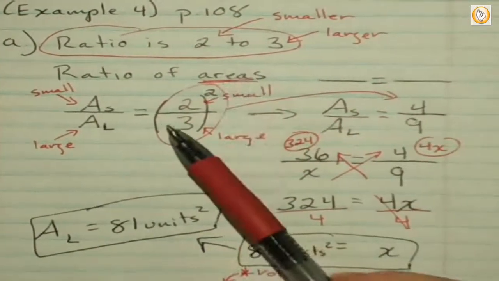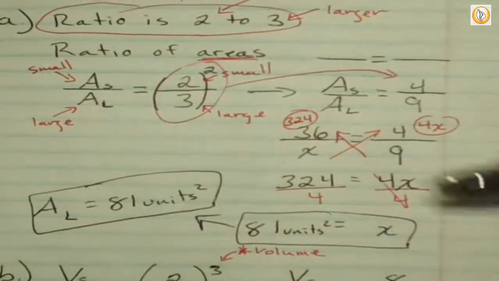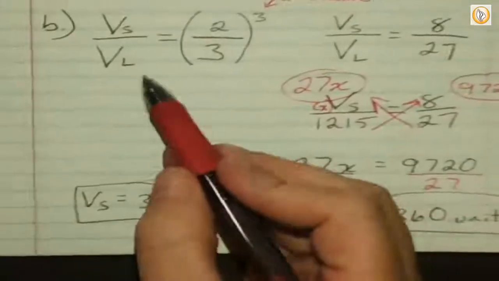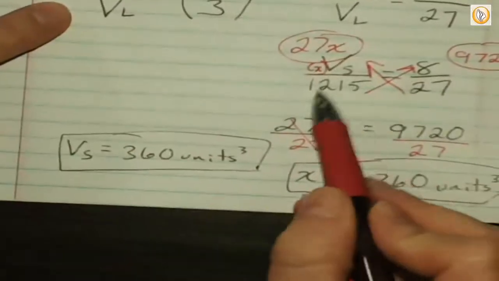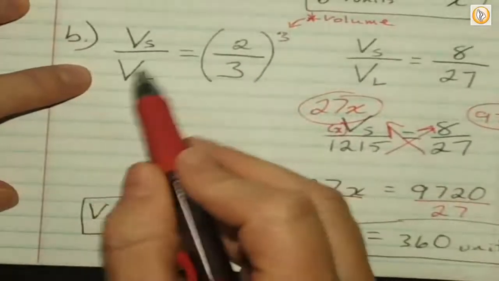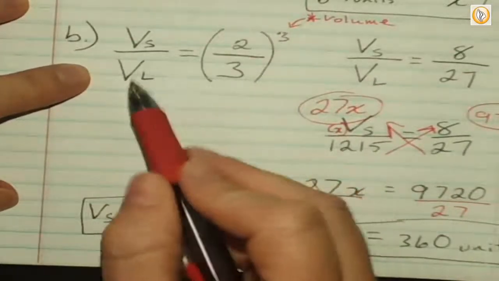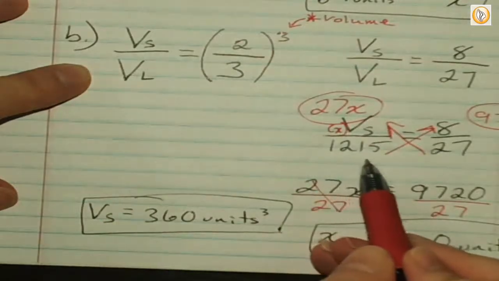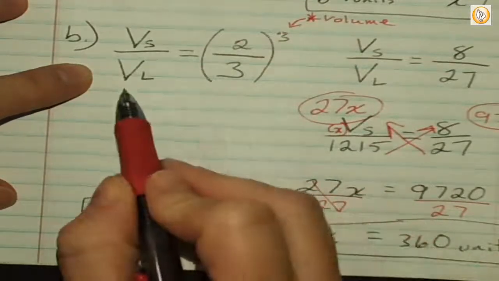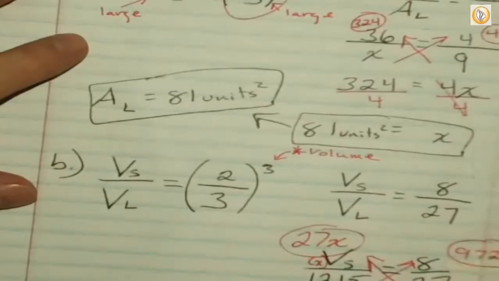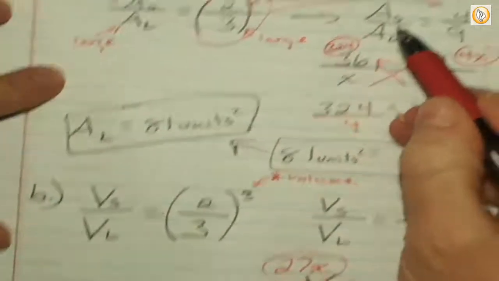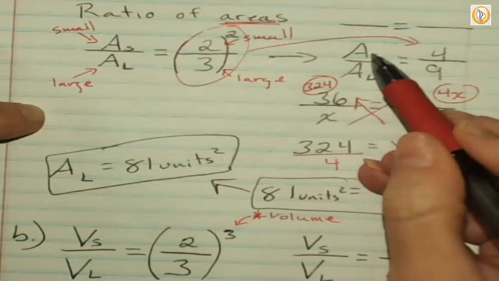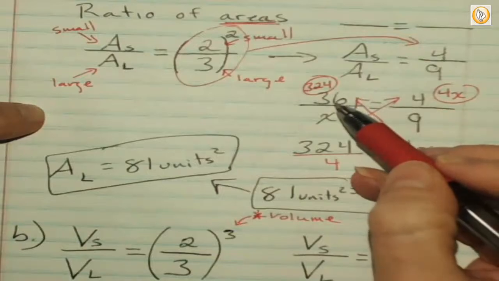In the directions, it says 1,215 units. That's the volume for the large that they gave. See? They gave that to us. Just like right here, 36. They gave us in the directions the area for the small figure.